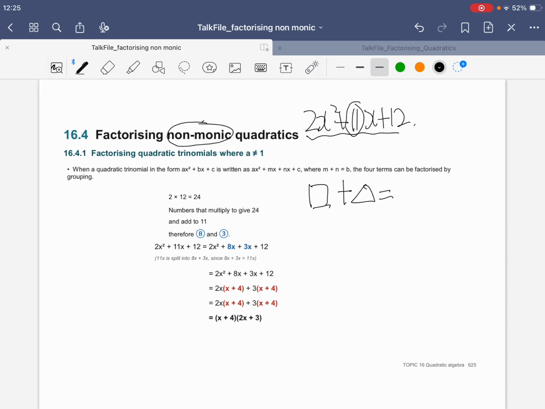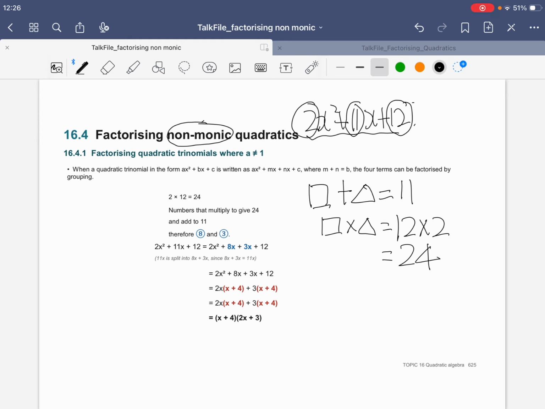It's exactly the same so far, but if you multiply them together, you get not just 12, you get 12 times 2, the product of the constant and the coefficient of x squared. In this case, 12 times 2, so 24.